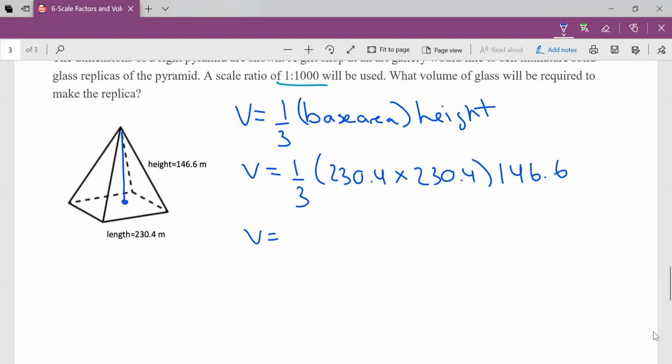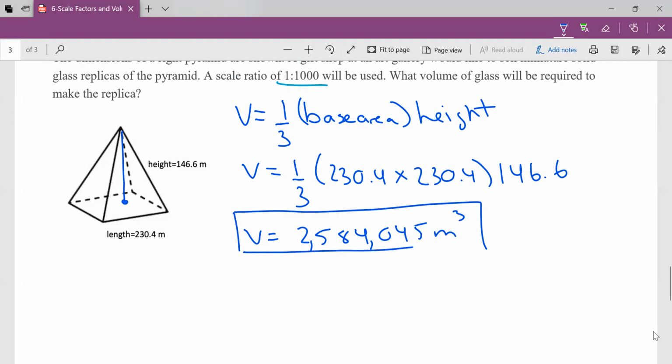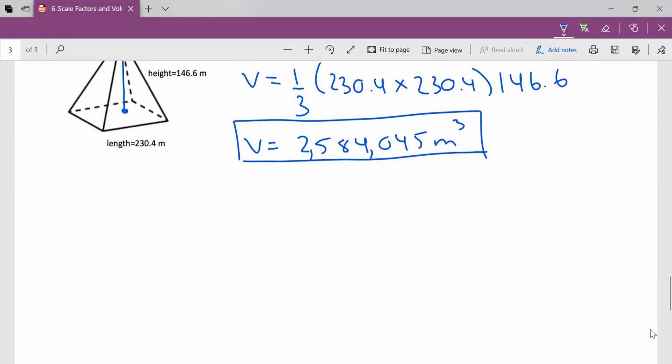And if we go ahead and put that into our calculator, what you're going to get is a rather big volume. Sure, right? It's a massive pyramid. Look at those dimensions.